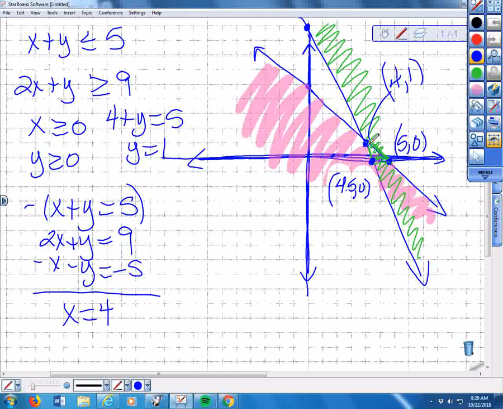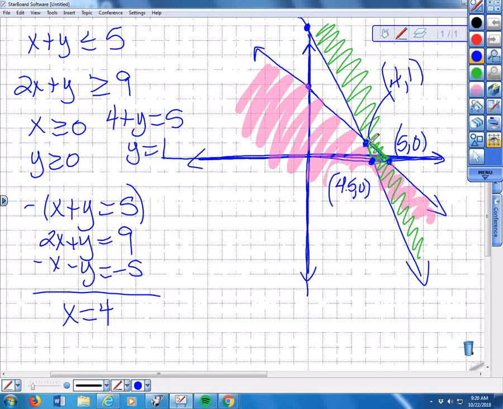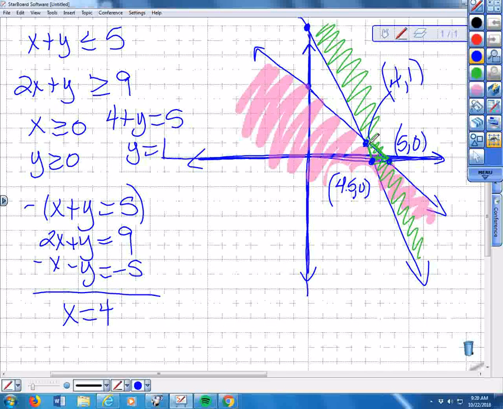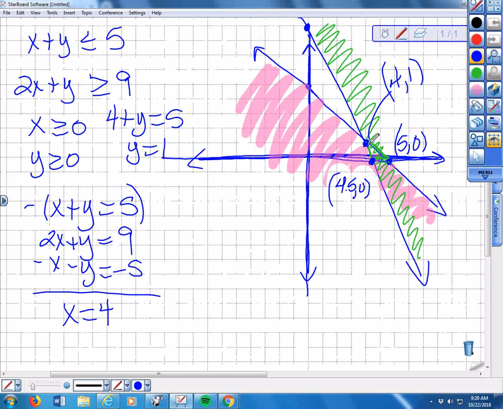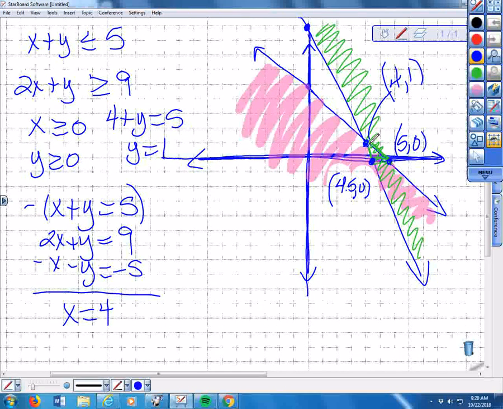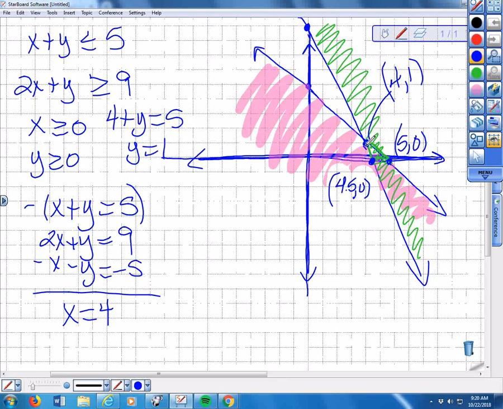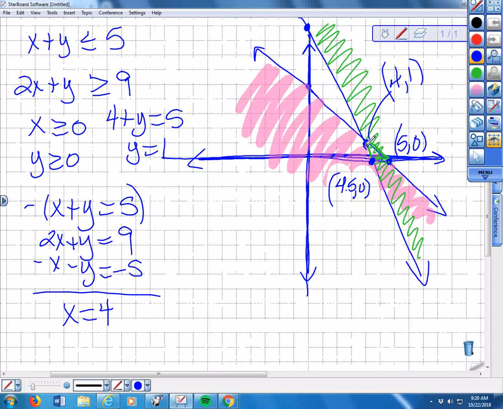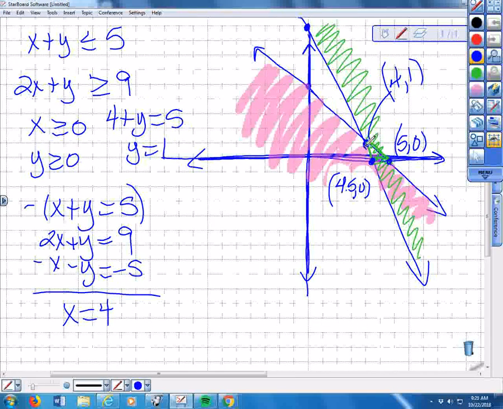I got 22%. So clockwise, if we start with 4.5, 0, the next point should be 4, 1. No. We're starting with 4, 1. So then we should go 4.5, 0, then 5, 0, clockwise. Is that what you did? Well, no. That's not clockwise, it's the other way. There you go. Yeah, so it should be 5, 0, then 4.5, 0.